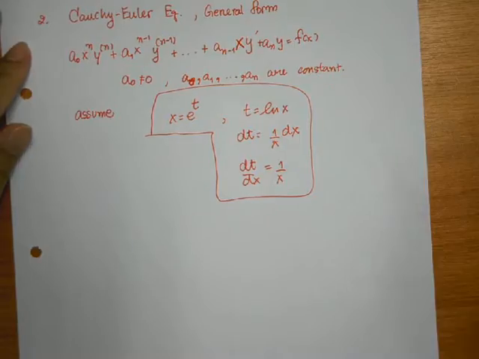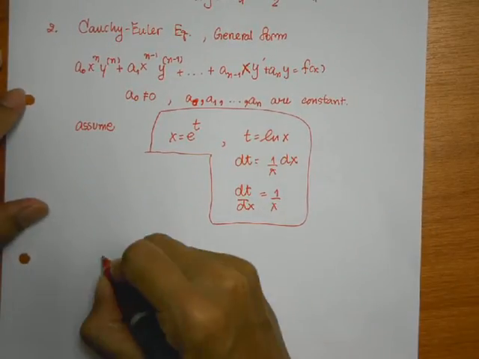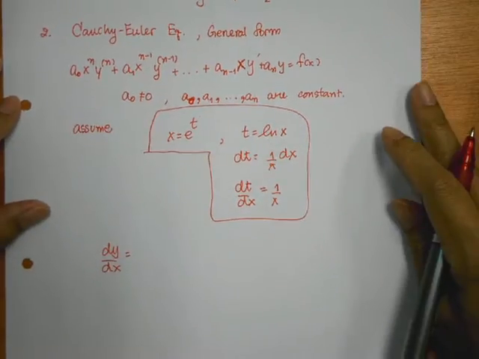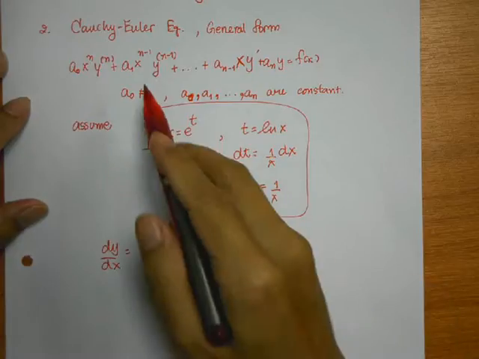Okay. Take a look at the first term first, dy by dx. The main technique that we are going to use to find the solution for this type of differential equation is just that we are going to change the x to t. It's kind of changing parameters from x to t by using this definition.